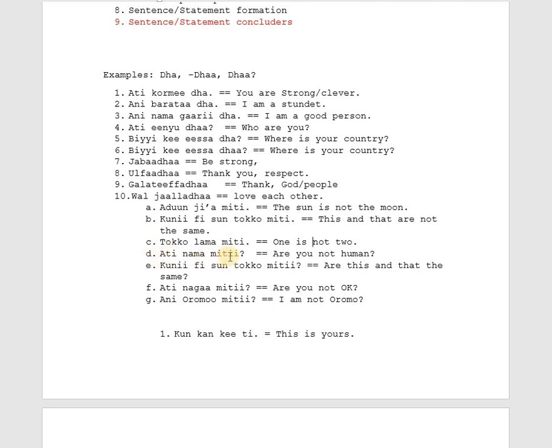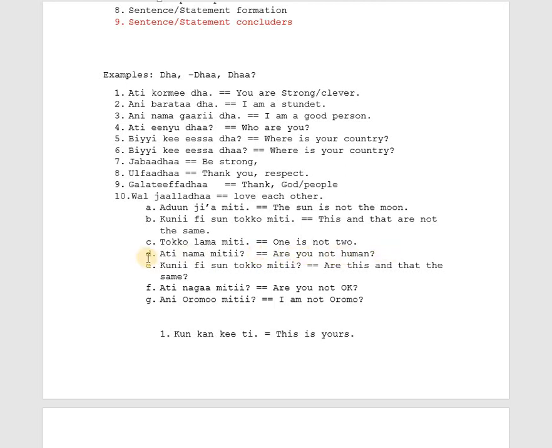Atinama miti. So there is a question mark here, and the ti is long here. If we say atinama mit, that is affirmative. If we say atinama miti, are you not human?